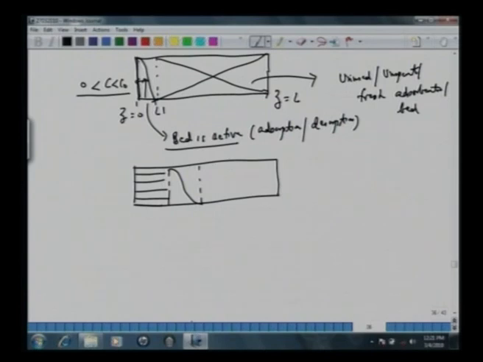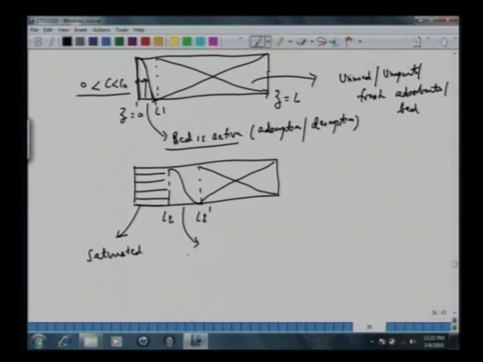Look at this profile, which was like this at the inlet, and now it has moved like this, and this is a region where the wave has not reached, or the bed is still fresh. Now let's mark this point, let's call it L2 prime and L2 here. So this is the region where we are saying that the bed is saturated.